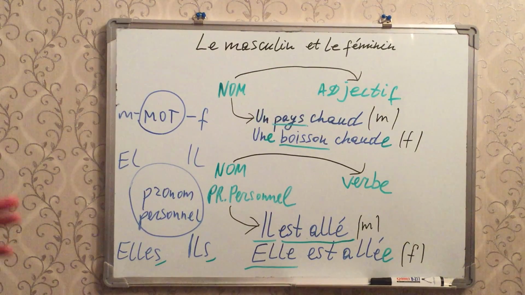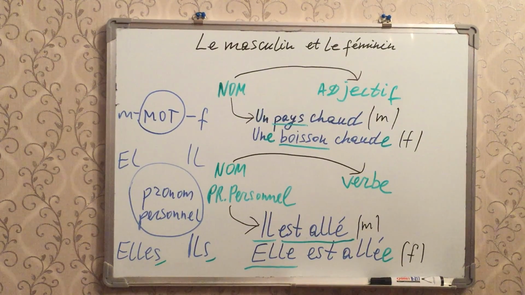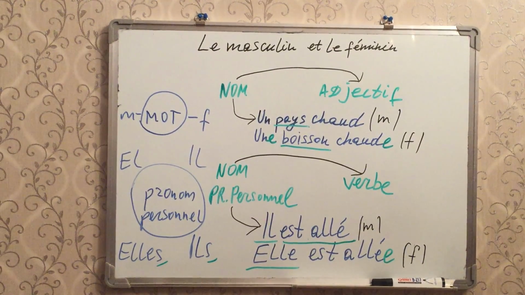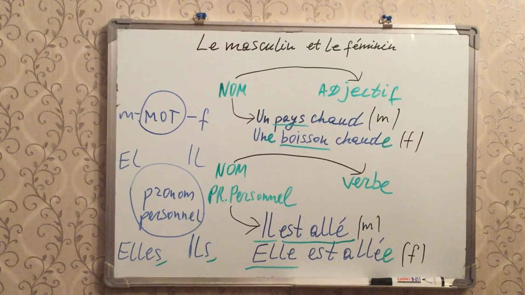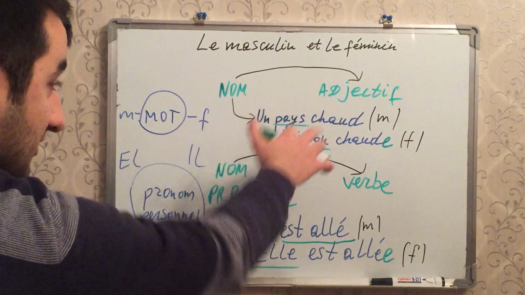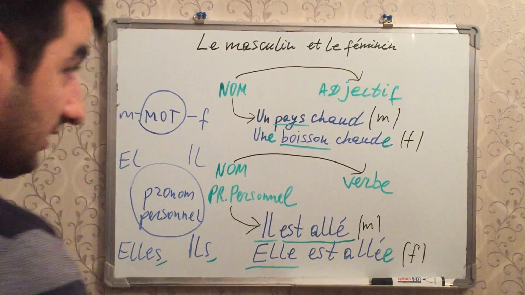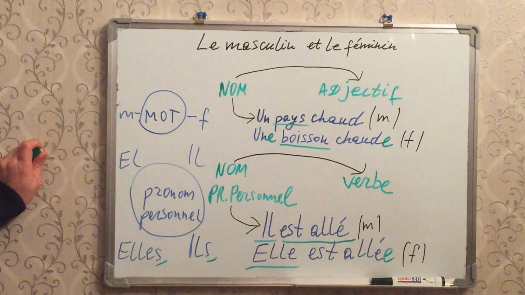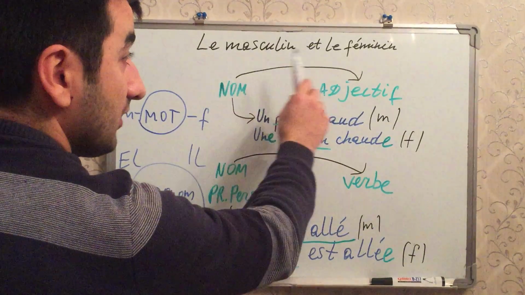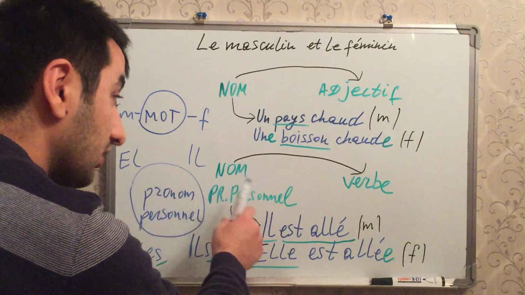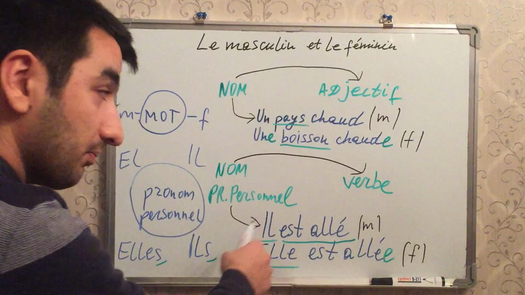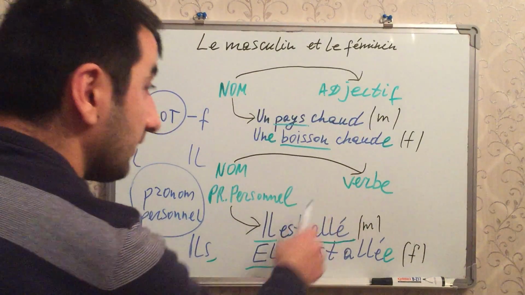Okay, so at the first one we knew that it depends on both a noun and an adjective. You see here, when we look at the first examples, a noun depends on an adjective, but at the second examples, both a noun and the personal pronouns depend on the verb.